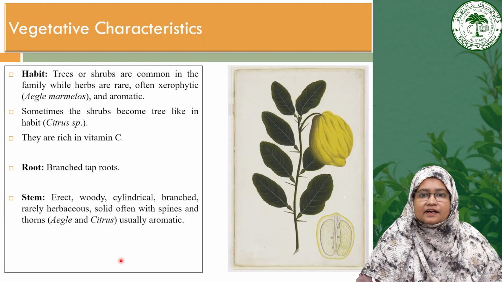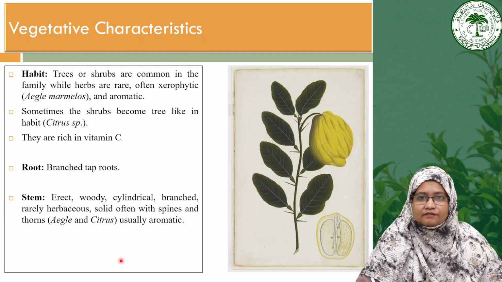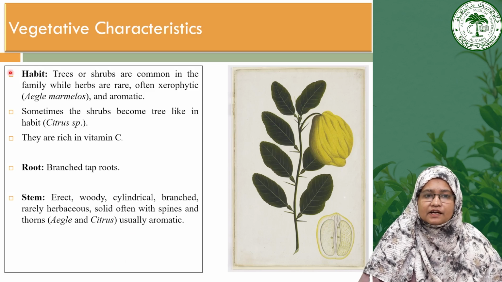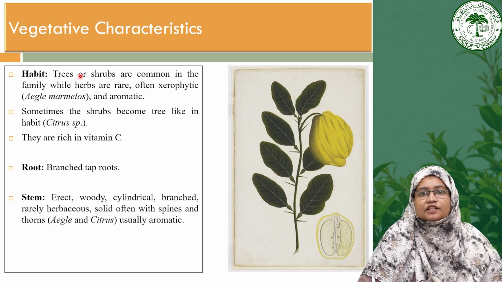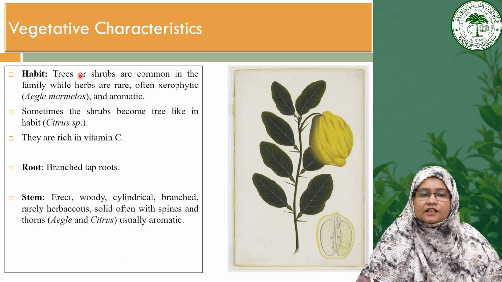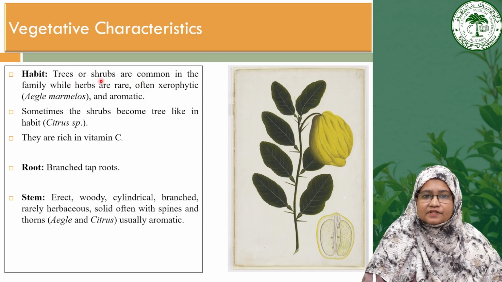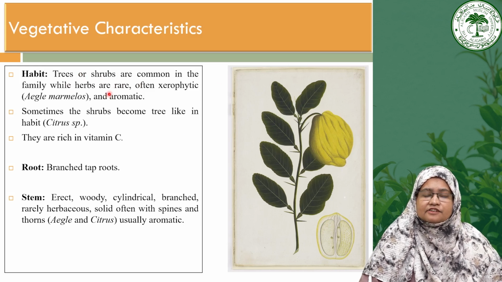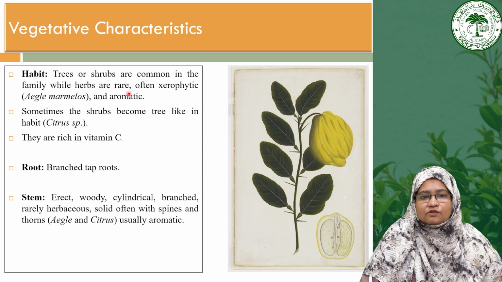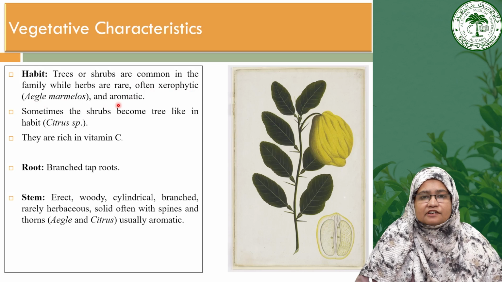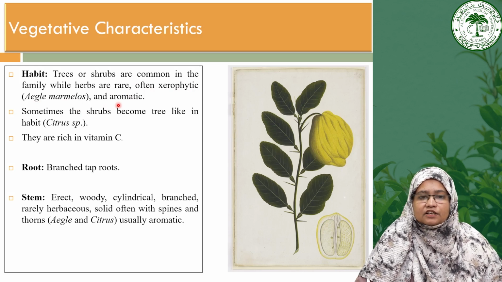Now moving towards the vegetative characteristics of this particular family, starting with the habit. Generally, the plants of this family are either trees or shrubs, while rarely they are also herbs or may be xerophytic, as in the case of Aegle marmelos. But all the plant parts generally have an aromatic odor.